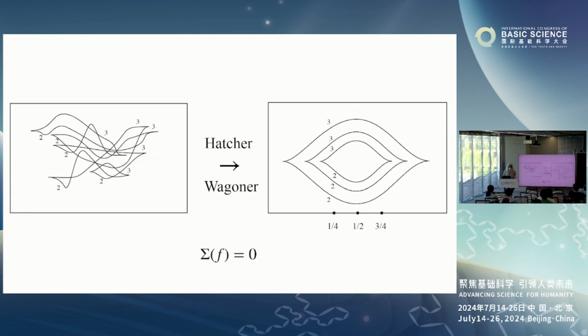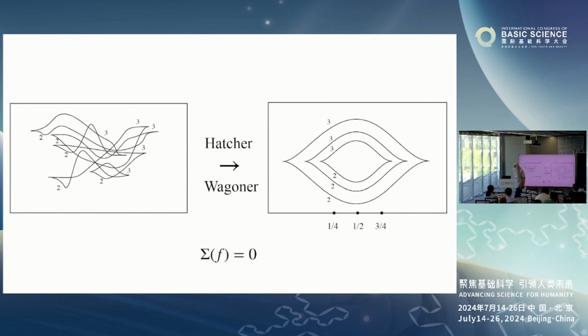Let me point this out. How does the Morse function change as you go from the left to the right? You can see in this picture, let's say, there are 3 births.